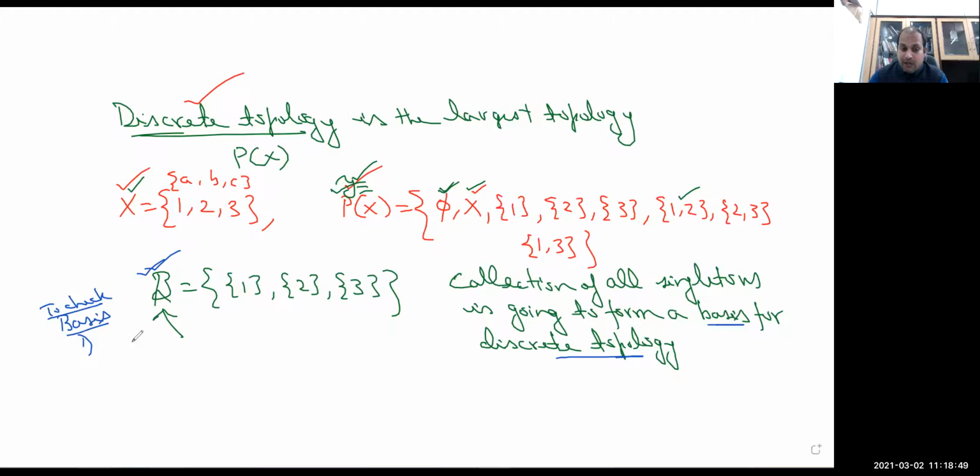For every x belonging to X, there exists at least one member B belonging to the collection which we claim as basis, such that x belongs to B. So here x can be 1, 2, or 3. For 1 there is singleton 1, for 2 there is singleton 2 from this collection, and for 3 there is singleton 3. So that is trivially true.